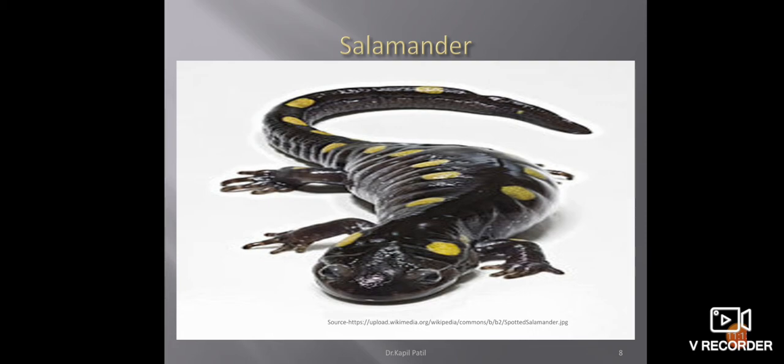In this order Urodela, it shows a term, neoteny. The salamander shows neoteny, meaning gonads mature at the larval stage.